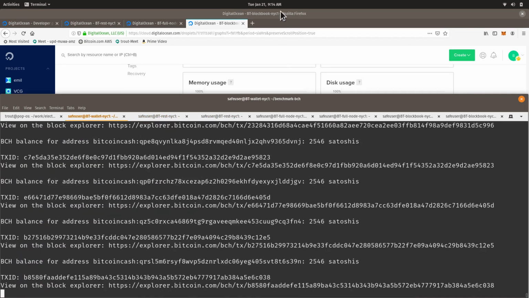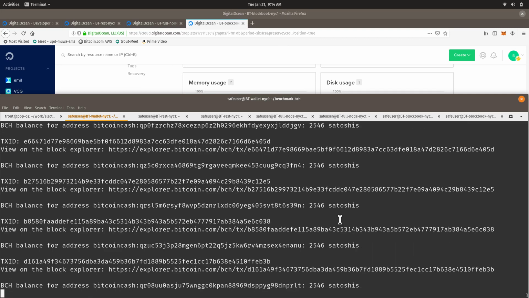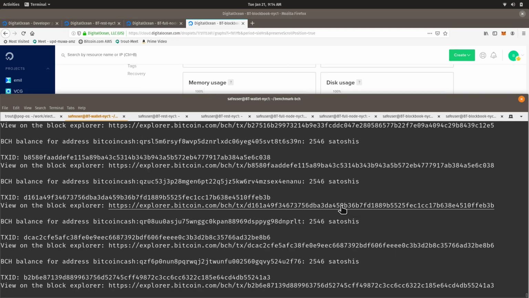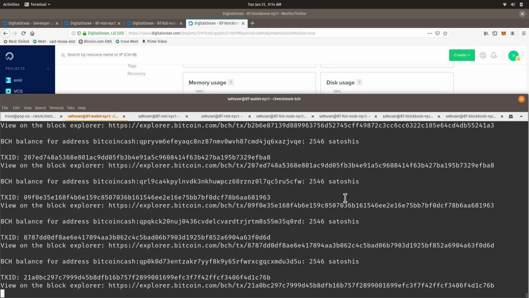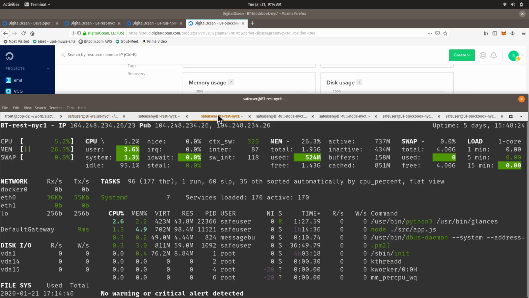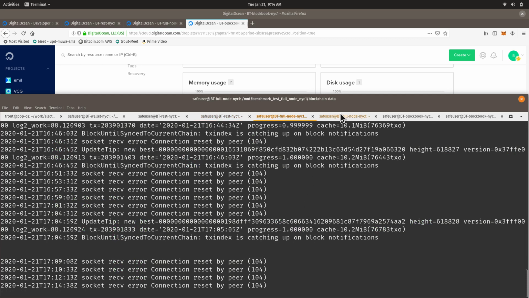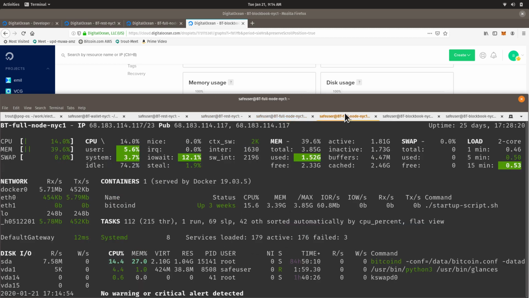So let's see, it's 9:14. Test should be wrapping up here pretty quickly. So all these 300 transactions are going to appear in the one block, because we have not gotten a block update since we started the test. So yeah, it's still hanging out below 15% for the full node.